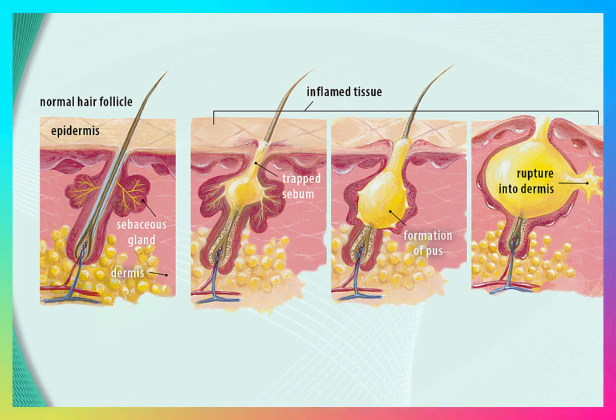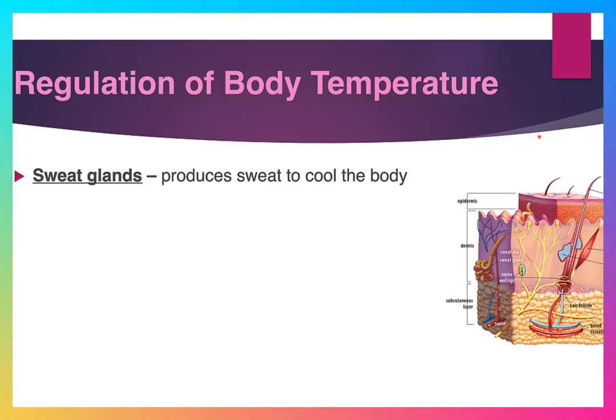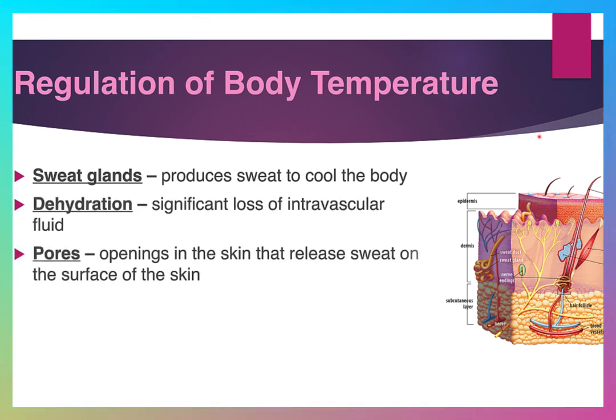And these pimples can have a sort of lid on them, so what you just see is a red raised bump, or they can become what we call a whitehead. And both are frequently helped if you can relieve the pressure and remove the pus. Now, the body temperature is regulated by the skin through the production of sweat, which cools the body.